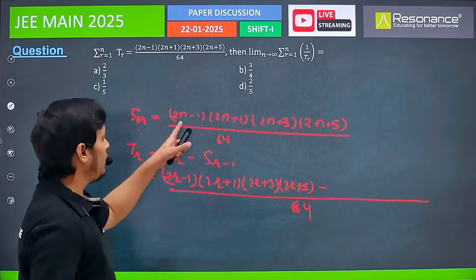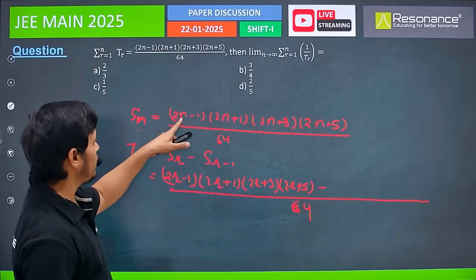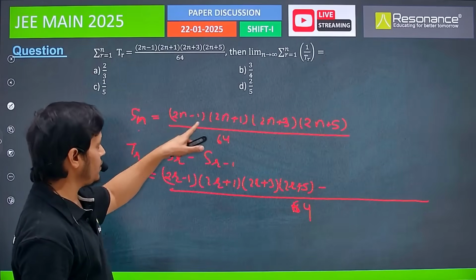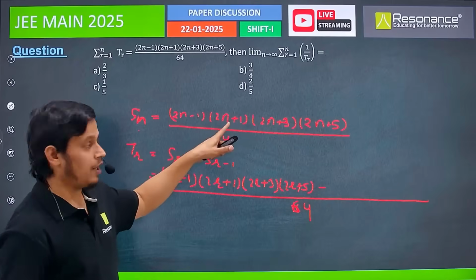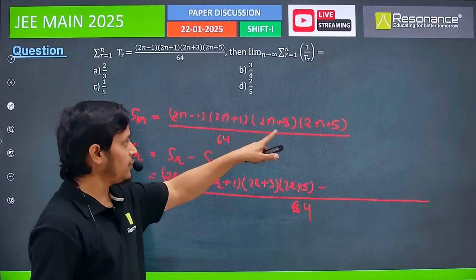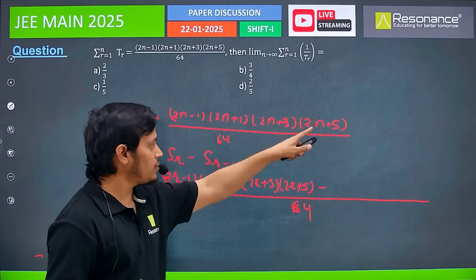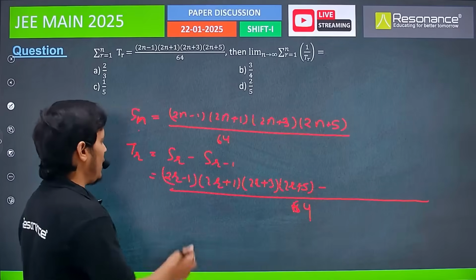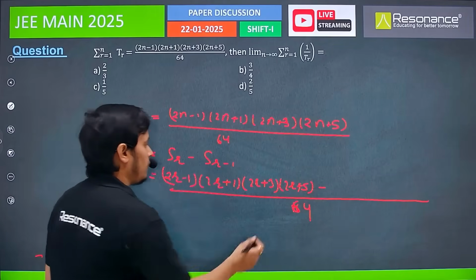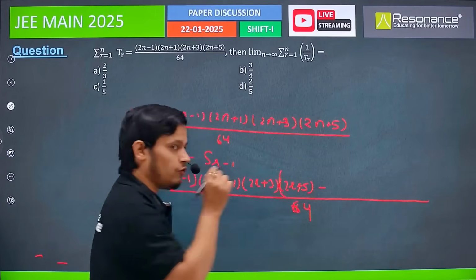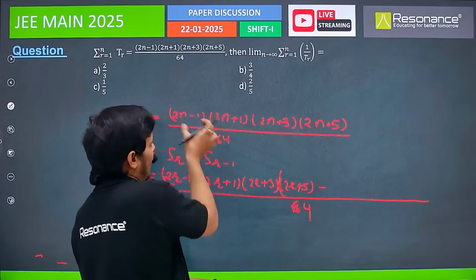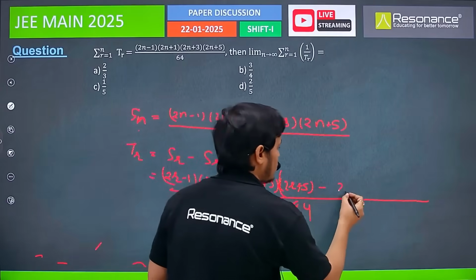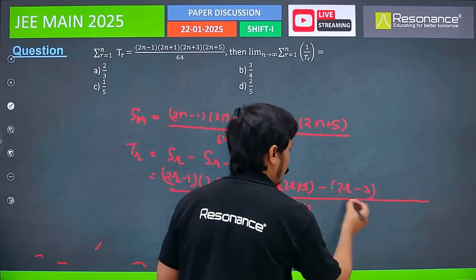Sr minus 1 is replaced by r minus 1. This becomes 2r minus 3. This becomes 2r minus 1. This becomes 2r plus 1. This becomes 2r plus 3. So actually at last (2r minus 1), (2r plus 1), (2r plus 3) will be common. From Sr, 2r plus 5 and from Sr minus 1, this term, that is 2r minus 3, will remain.